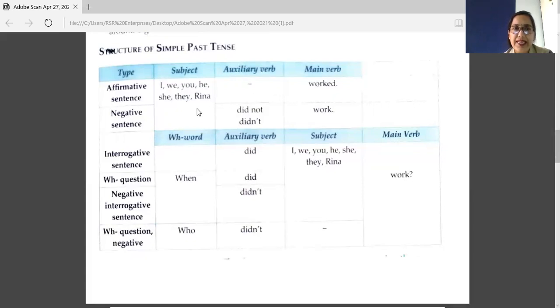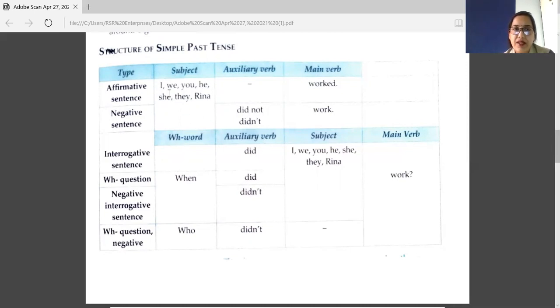Now, negative sentence. If negative sentence there, you have to use did not. And remember, with did, we use first form of verb. As we use with do and does, same way with did, we use first form of verb. So we have work here.